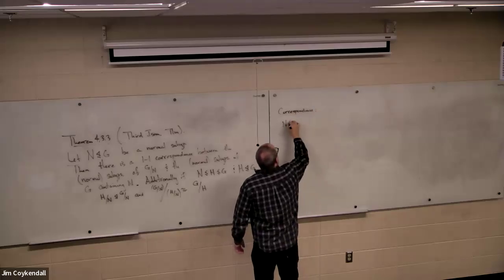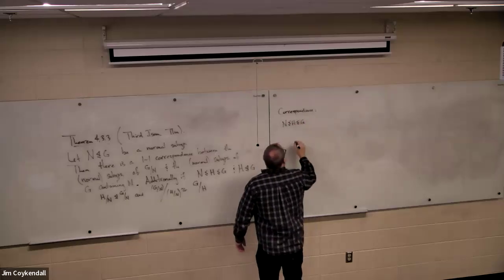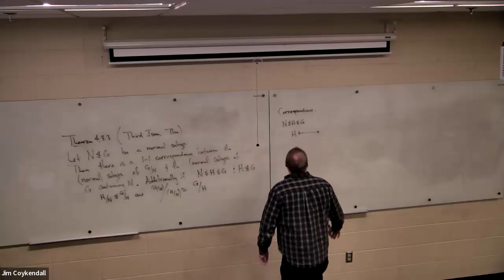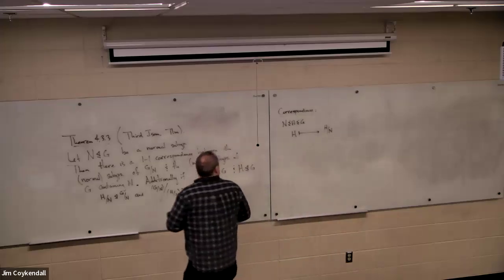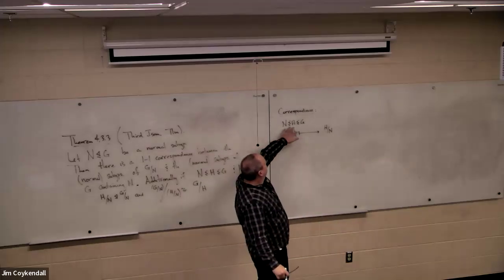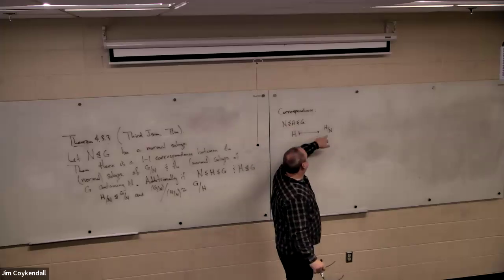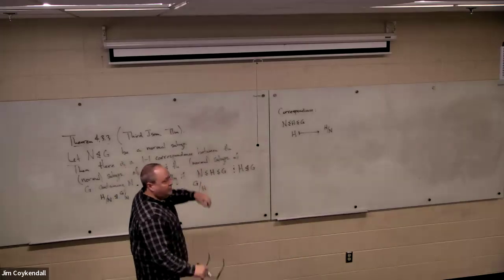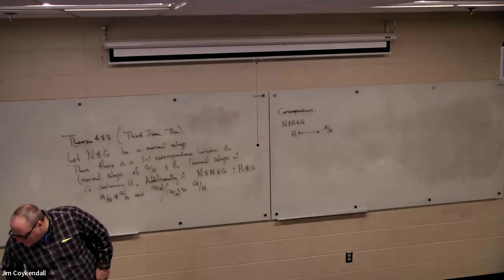If H is a subgroup of G that contains N, then the corresponding subgroup of G mod N is H mod N. So let me make that a little bit more formal.